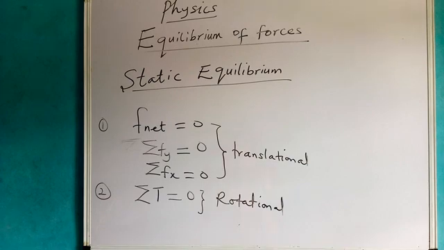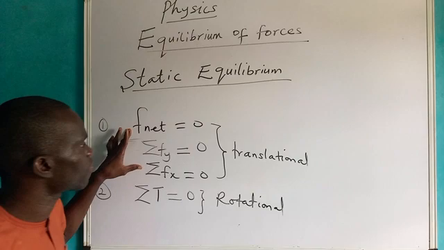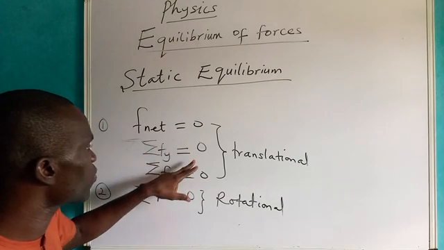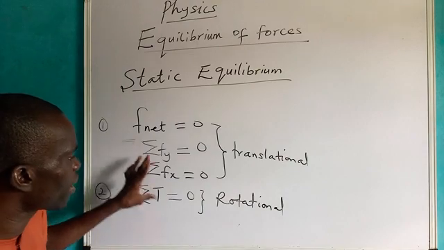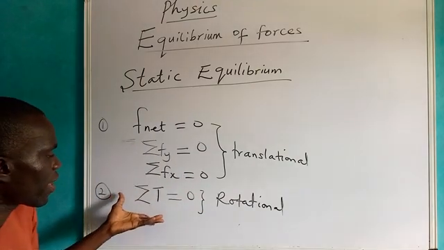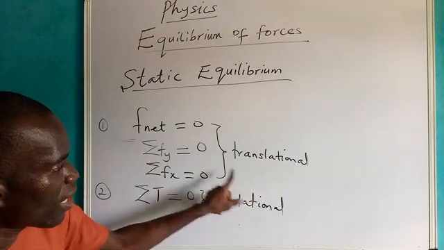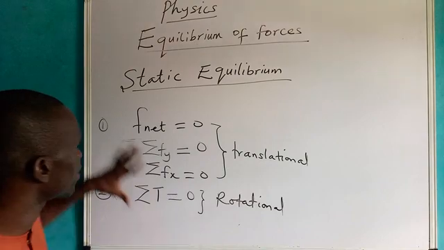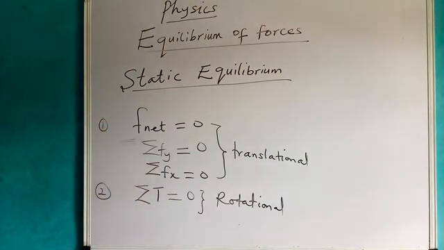The net force must be zero, which has to do with the y component and the x component, and this is translational. The sum of the torque must also be zero, which has to do with rotational. These are the two conditions we are going to use and focus on in our next teaching. Thank you for joining me.